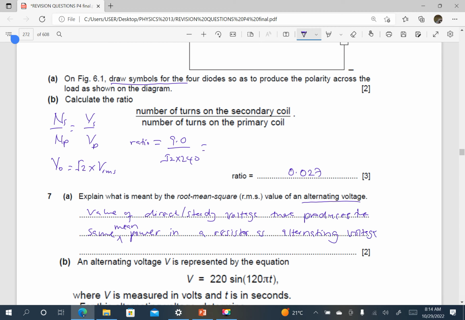That is what we call the root mean square value of alternating voltage.